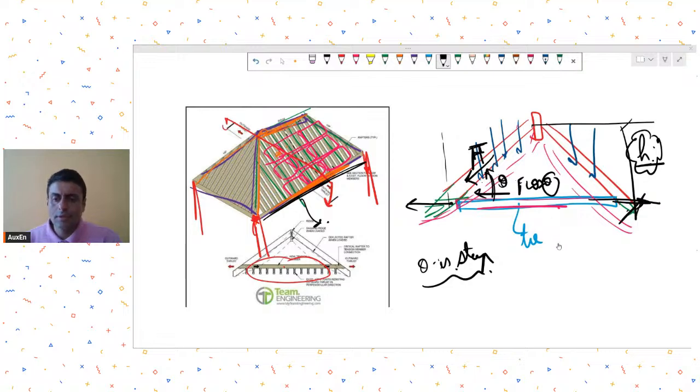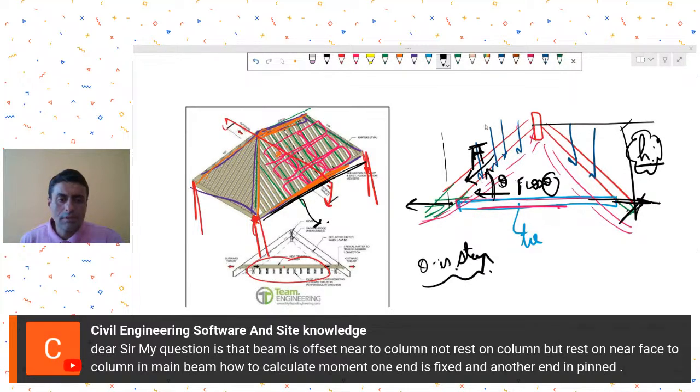Civil engineering software and site knowledge is asking: my question is that the beam is offset near to the column, not resting on the column but on the near face of the column in the main beam. How to calculate moment? See, for moment calculation and such analysis, the best way I would suggest is to use a quick model.